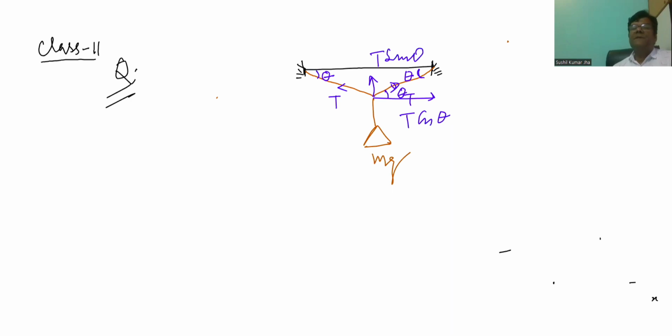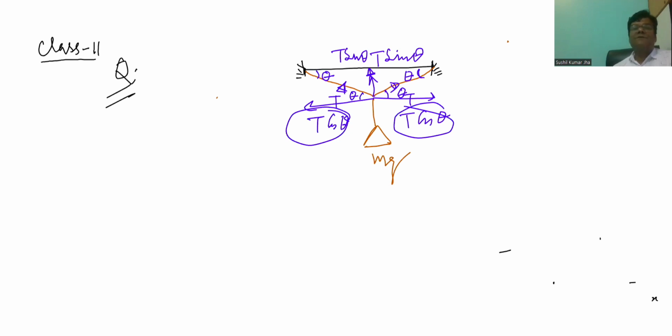Similarly, this T left side, it can be also resolved. One T this side, which will be T sin theta, because this theta, so alternate angle, this would be also theta, and this will be T cos theta. So this horizontal component left and right side are equal and opposite, so it will cancel out.